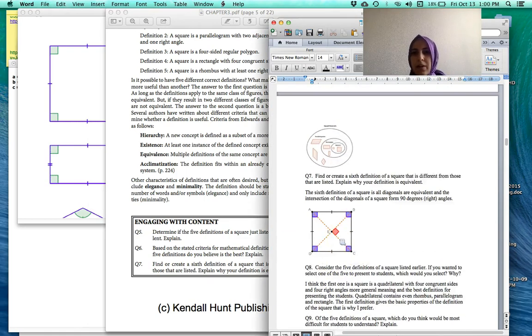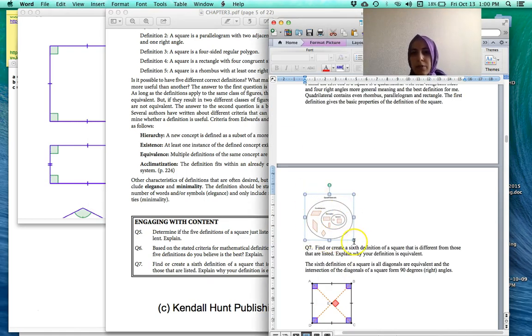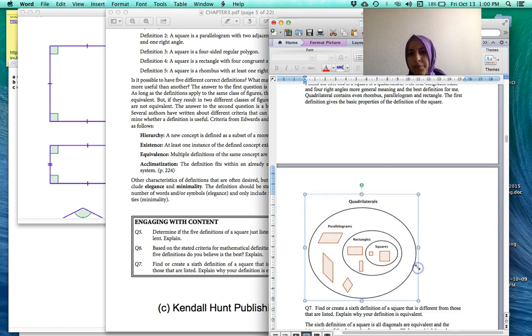You can find it on this. As you see, quadrilaterals contain even rhombus, parallelogram, and rectangle. The first definition gives the basic properties of a square.